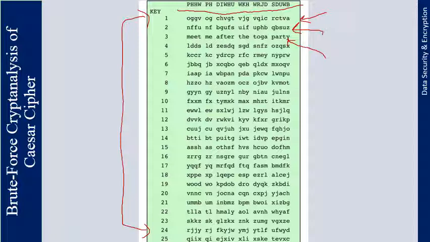For example, we have only 25 keys in total because we could not use the zero shift, which would give the original message. The third thing was that the language of the plaintext is very easily recognizable. So it was very easy to decode the information.